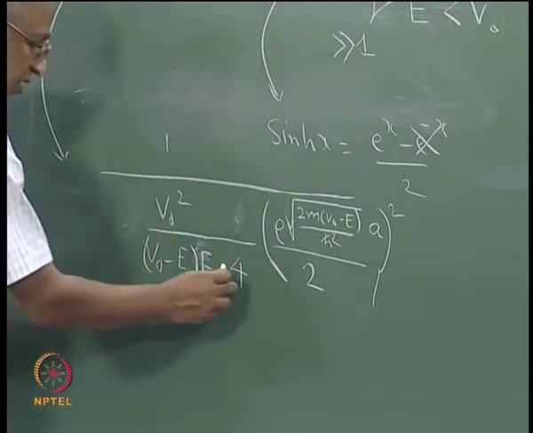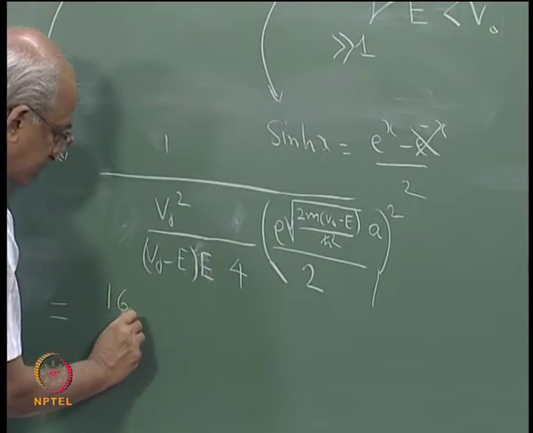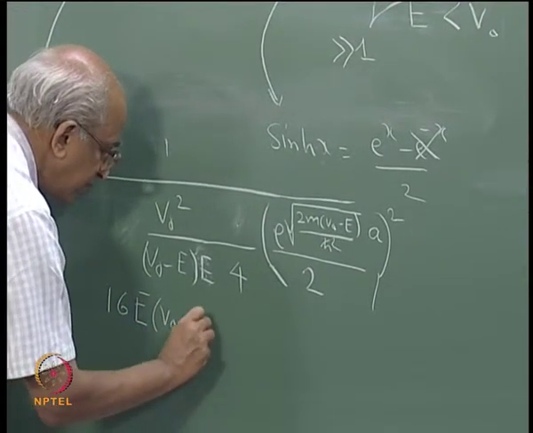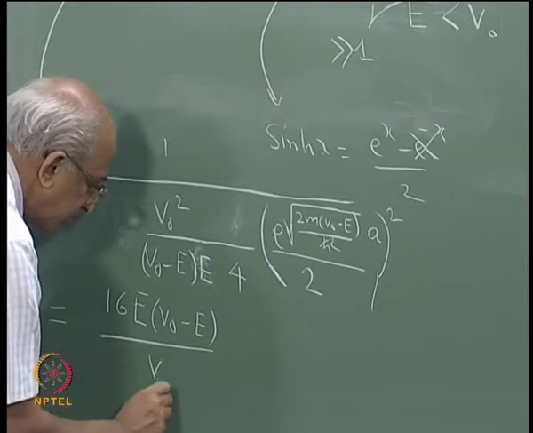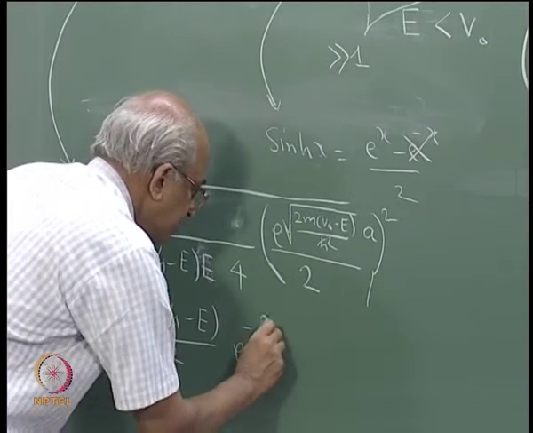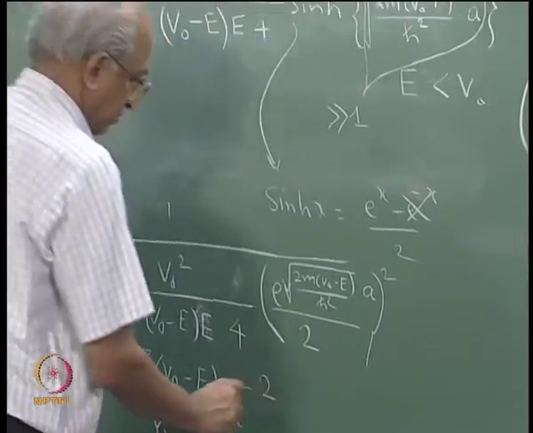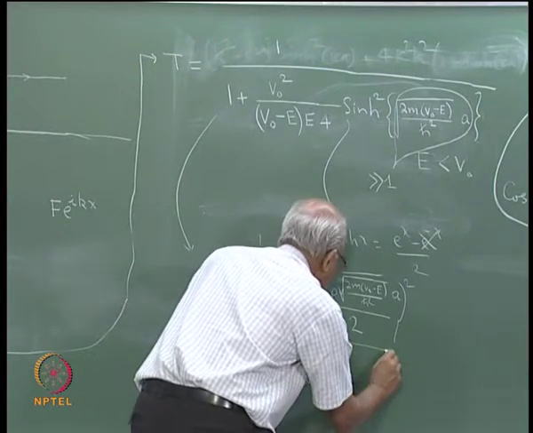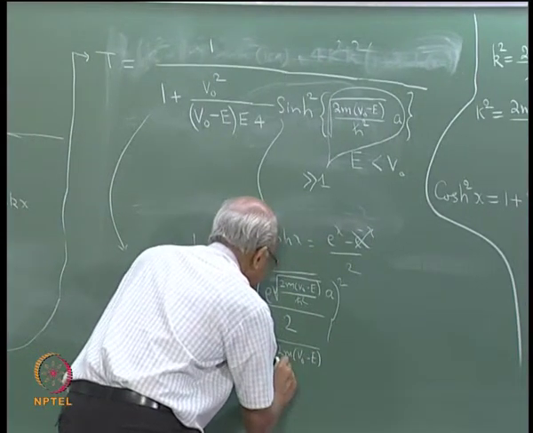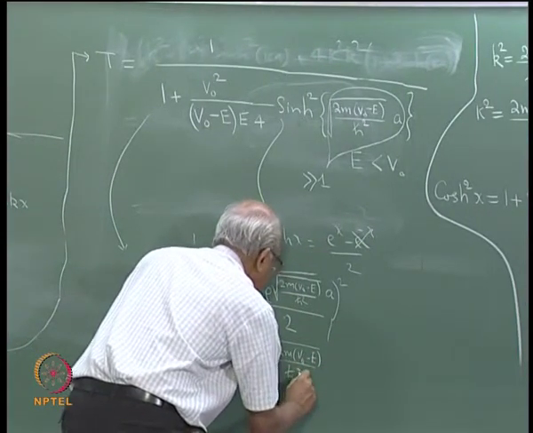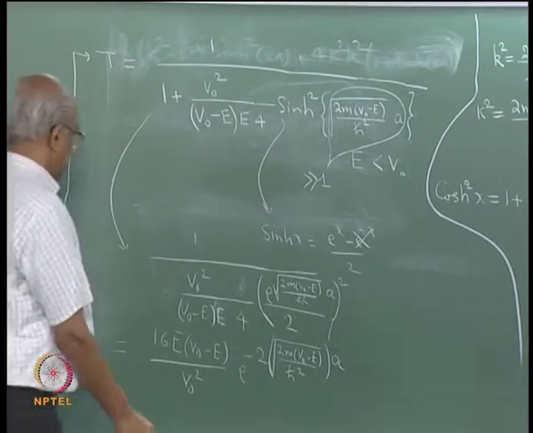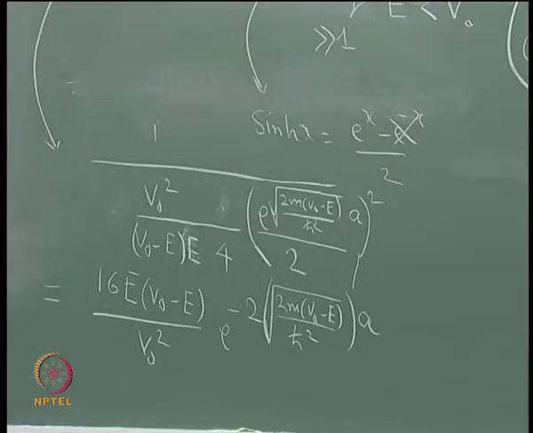In this particular limit, the answer that I get will be 16 E (V0 minus E) divided by V0 square, e to the power of minus 2... So, this is the result that I get.